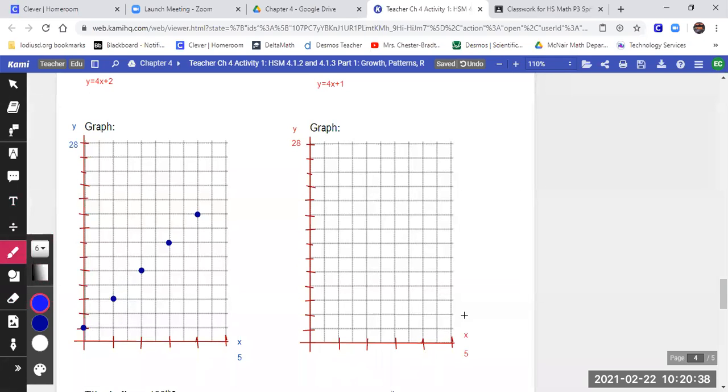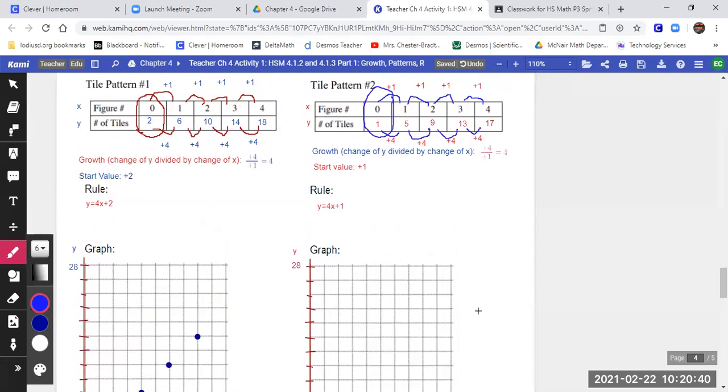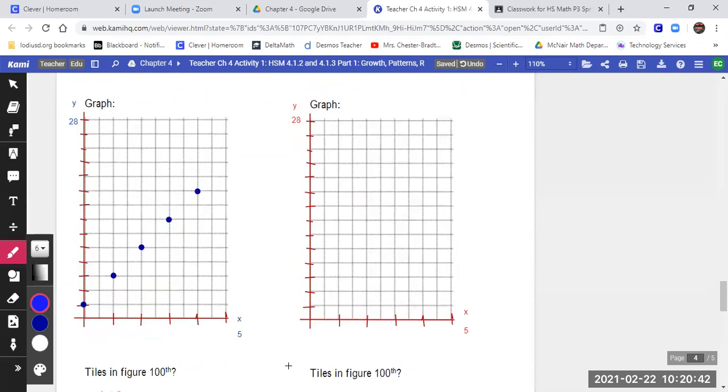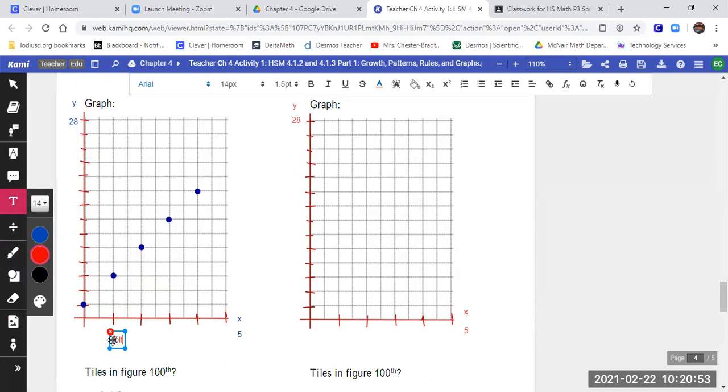Okay. Our first one said when X is 0, Y is 1. Each one of these lines was worth how much going up and down? So let's remind ourselves. This down here is tiles. Oh, figure number. Right?